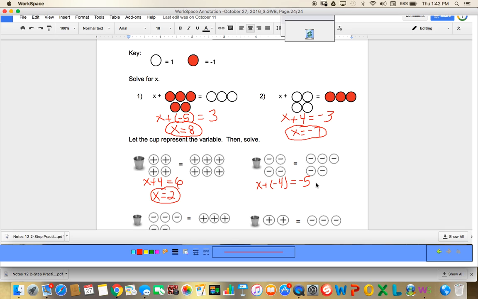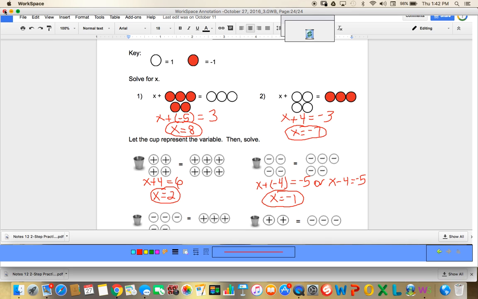So we could also write x minus 4 equals -5. Now, what number plus 4 negatives would equal 5 negatives? If you said it should equal -1, you are correct.